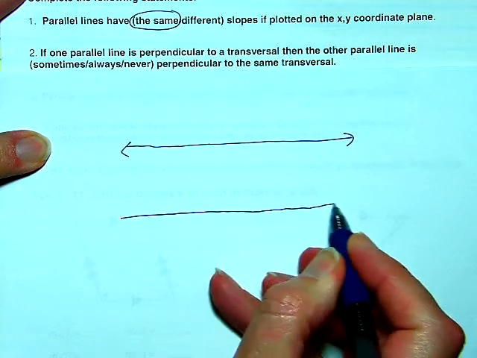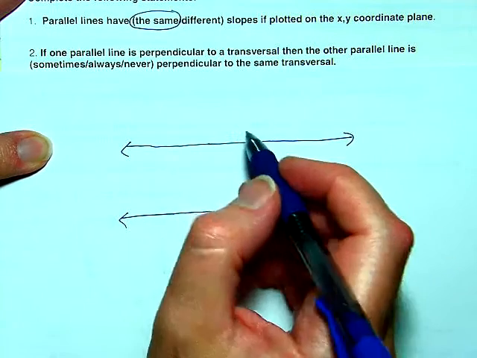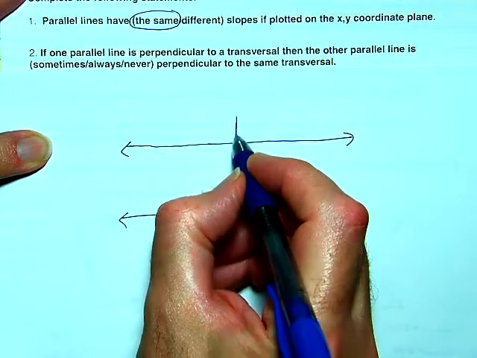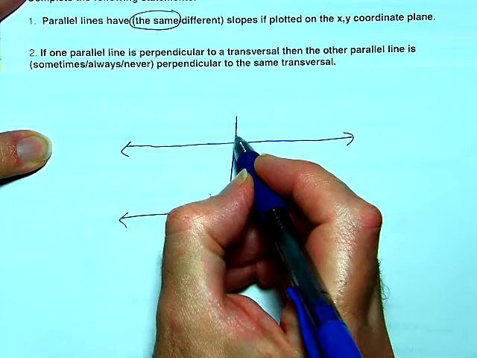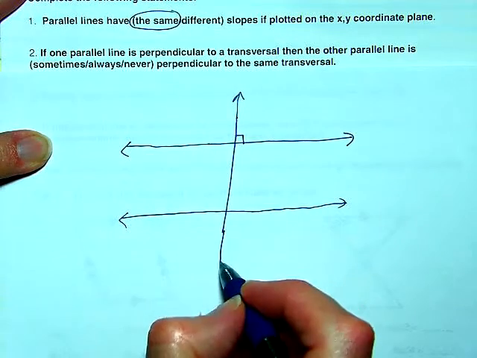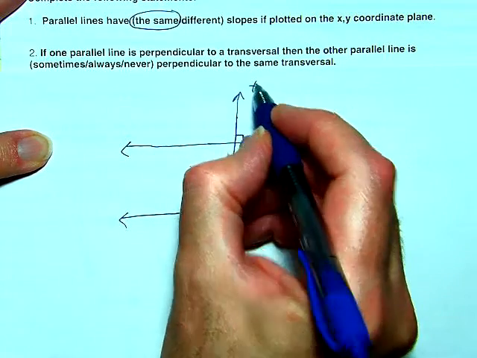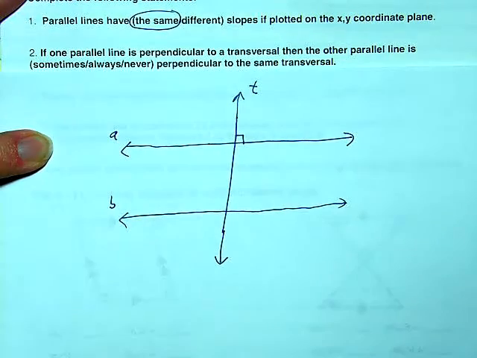I'm trying to draw these as best as I can as parallel lines. And then we have a transversal, which is perpendicular to one of these lines. I'm going to indicate that with a right angle. So we'll call this T for transversal and A and B for the two parallel lines.